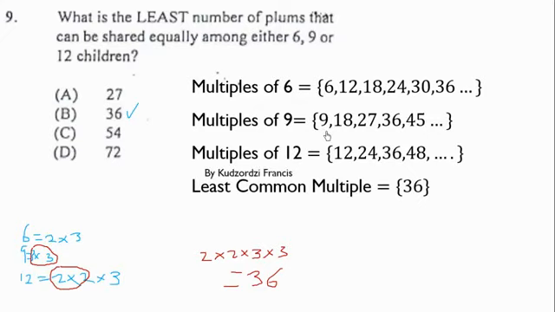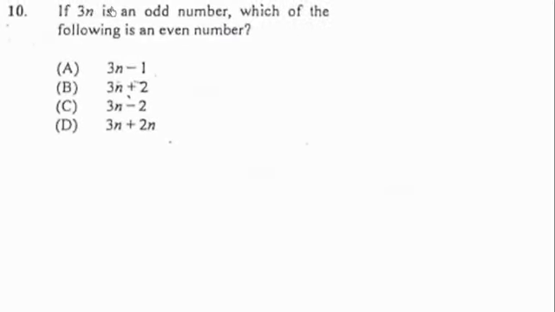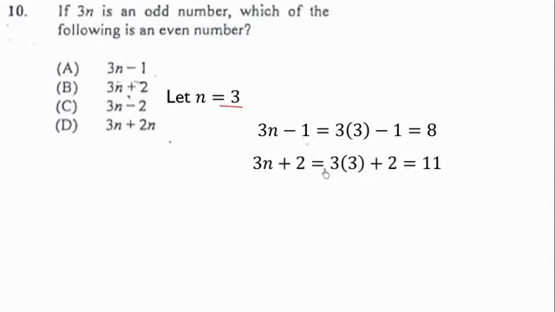Then let's look at question 10. If 3n is an odd number, which of the following is an even number? So let's pick n to be 3. Then 3n minus 1 will be 3 times 3 minus 1, which is 8. Now 3n plus 2 will be 3 times 3 plus 2, which gives us 11.